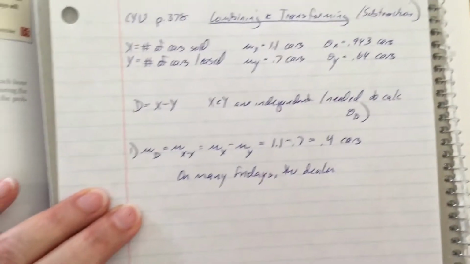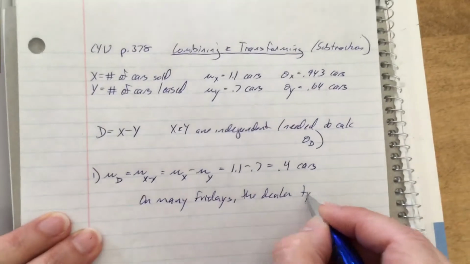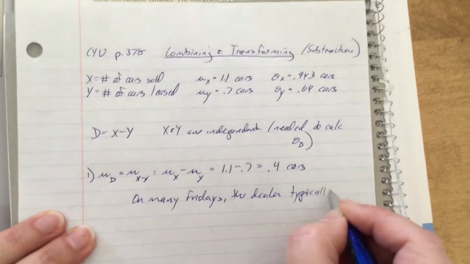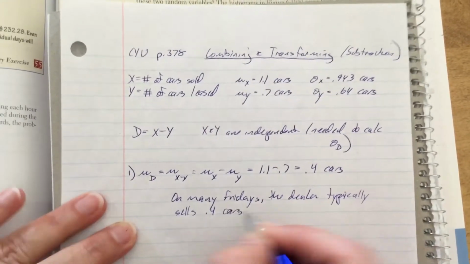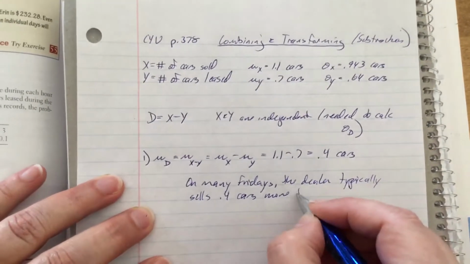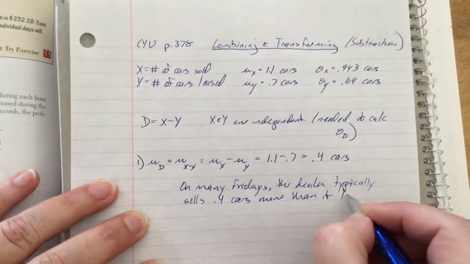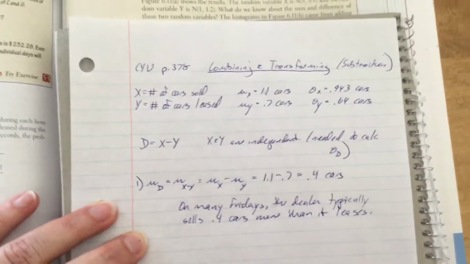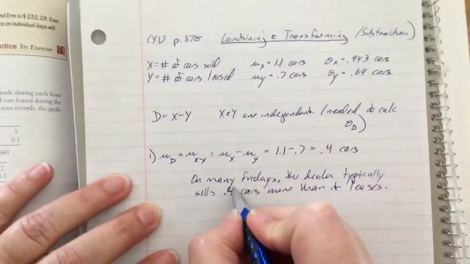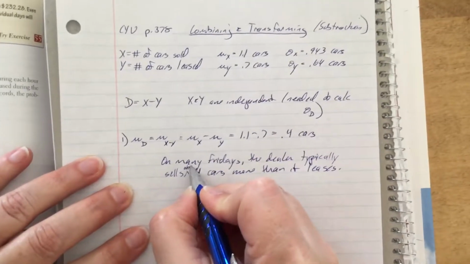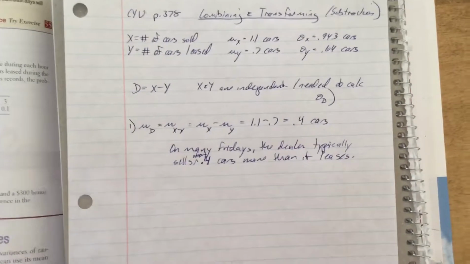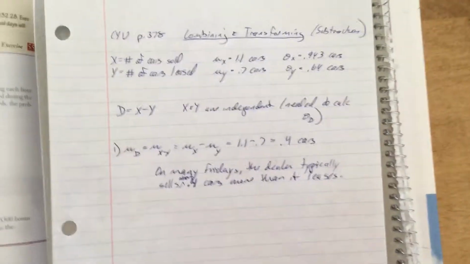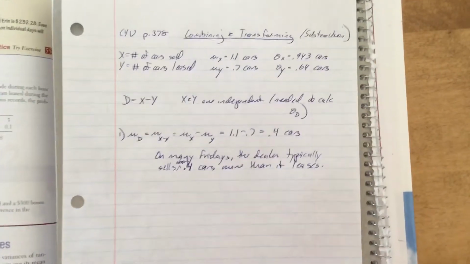On many Fridays, the dealer typically sells 0.4 cars more than it leases. Or I could say typically sells about 0.4 cars more. Let me put in the word about, because that's what that means. That's the difference between the cars sold and the cars leased. So again, mean is pretty straightforward.